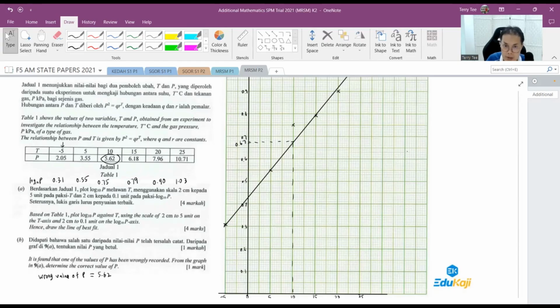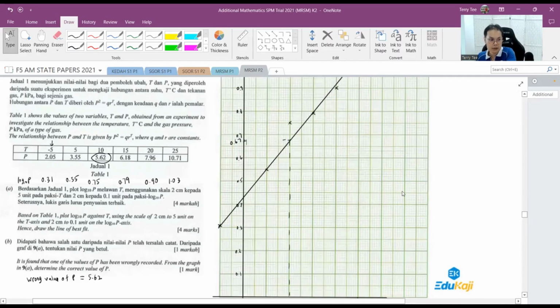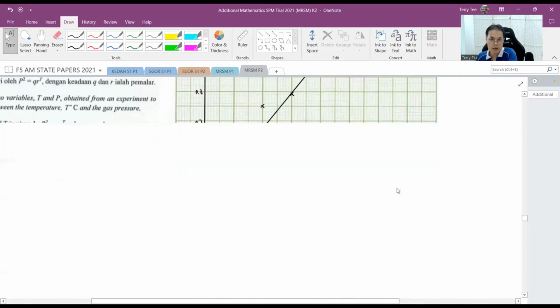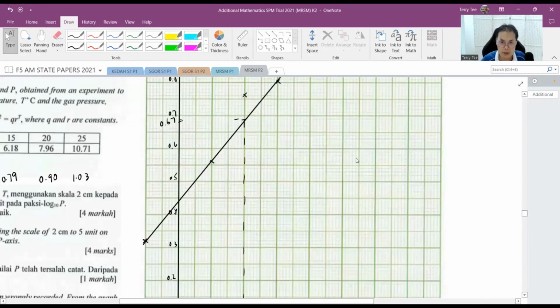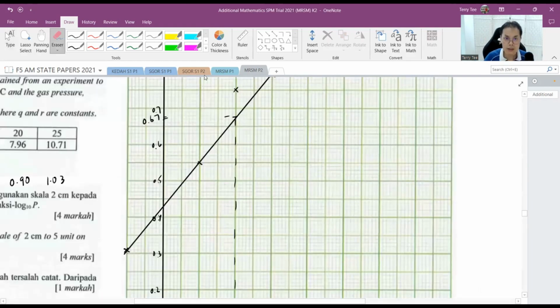Actually closer to 67, I think. Maybe I zoom in a bit, it's hard to see. If you zoom in a bit, I can see clearer. It looks like 0.67. It's okay to even use 6.8, but it's 6.7 here. See this? When I zoom in, I can see clearer. Yep, it's correct, 0.67.